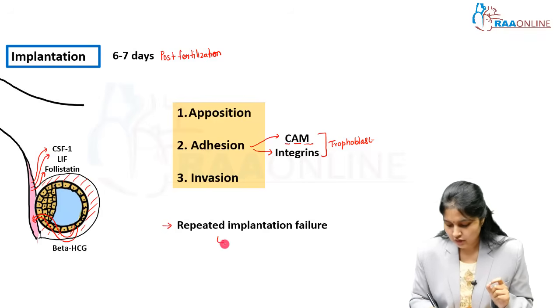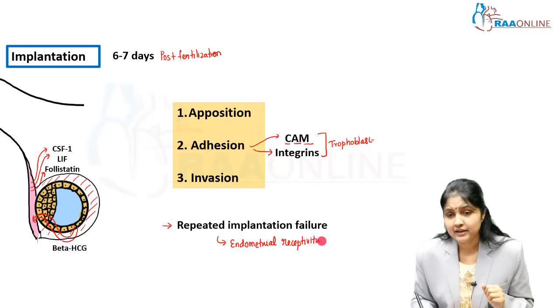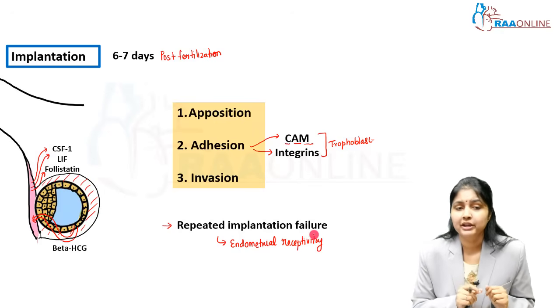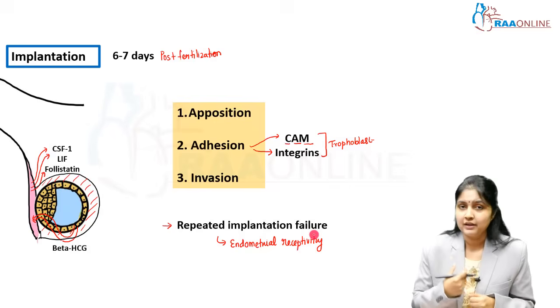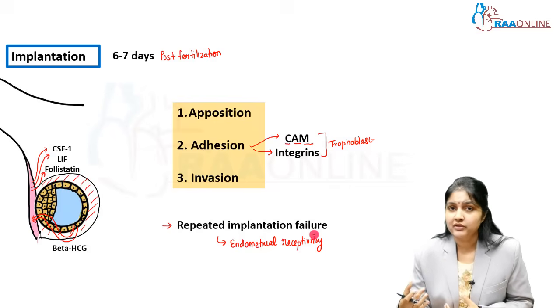This could be sorted out by looking at the endometrial receptivity. This is a test to check if the endometrium is ready to receive the blastocyst that you're going to put inside the woman's uterus during IVF.